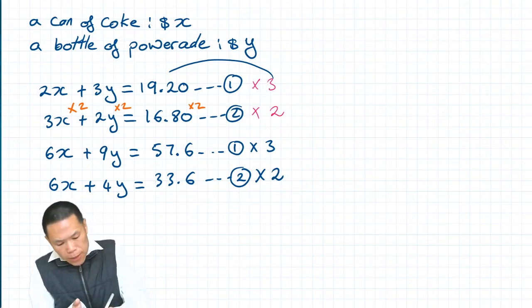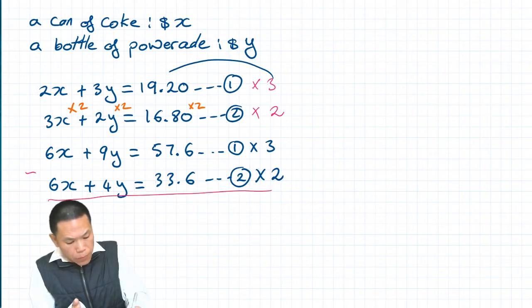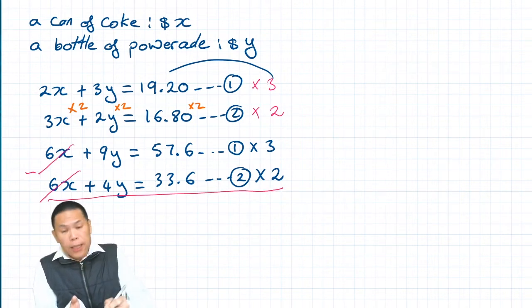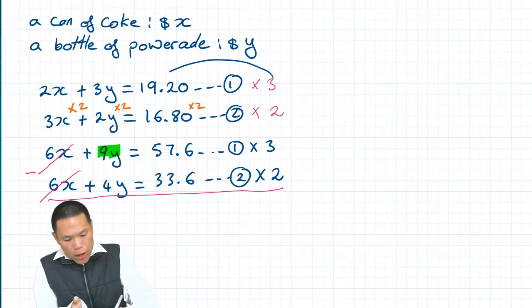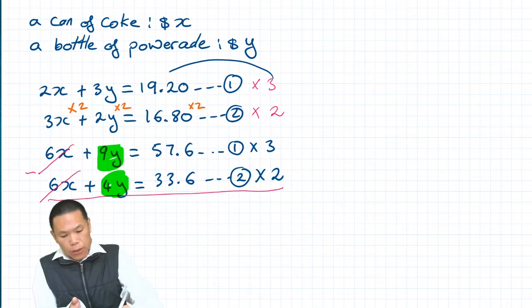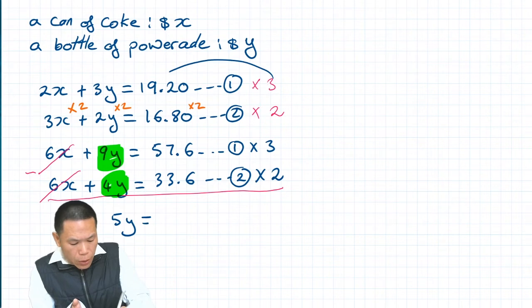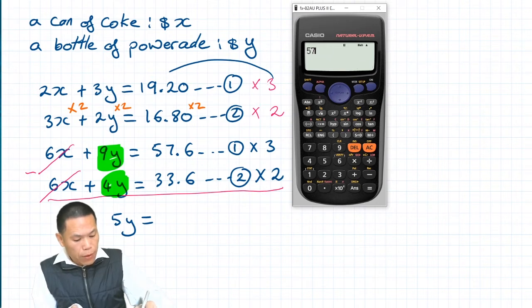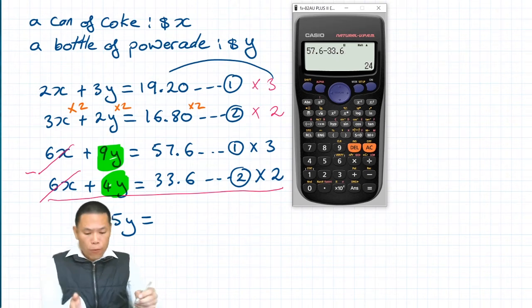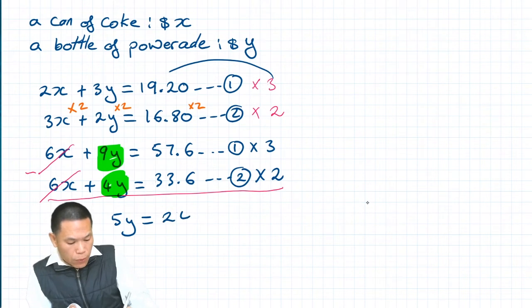Now, if I minus these two equations, this 6x minus 6x disappears, and we go 9y minus 4y, which equals 5y. So 5y is equal to 57.6 minus 33.6 on the calculator, which is 24.